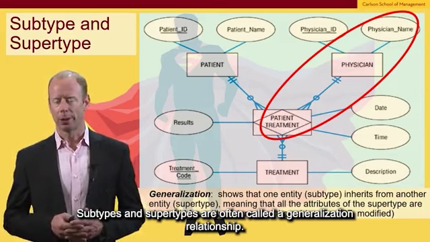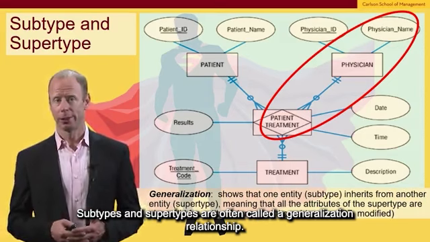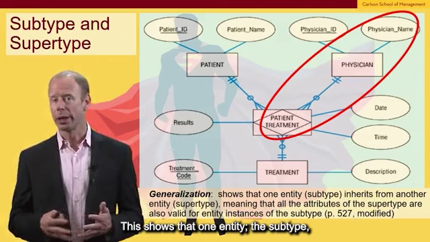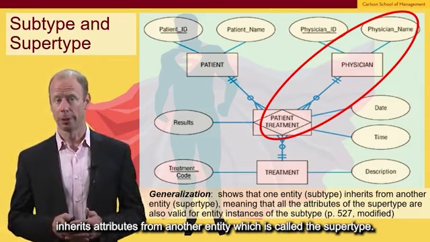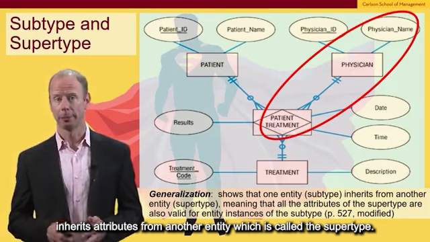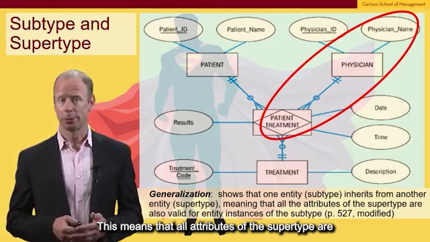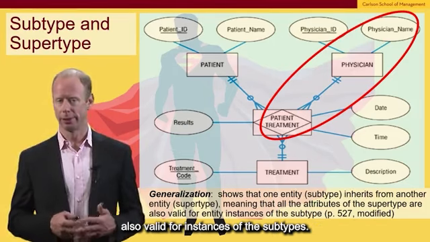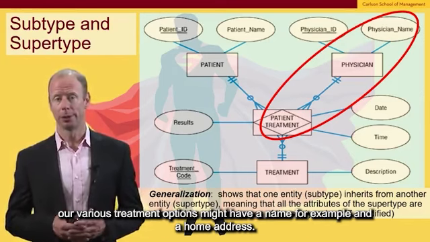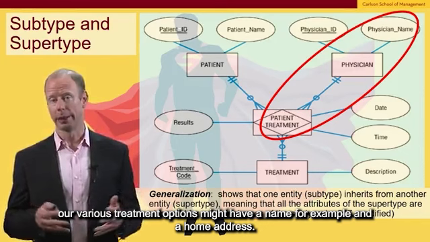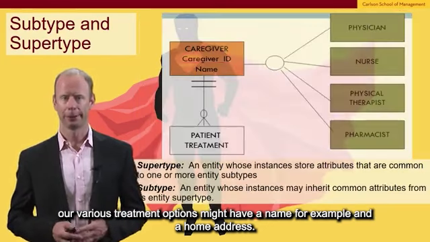Subtypes and supertypes are often called a generalization relationship. This shows that one entity, the subtype, inherits attributes from another entity, which is called the supertype. This means that all attributes of the supertype are also valid for instances of the subtype. So for example, all of our various treatment options might have a name and a home address.